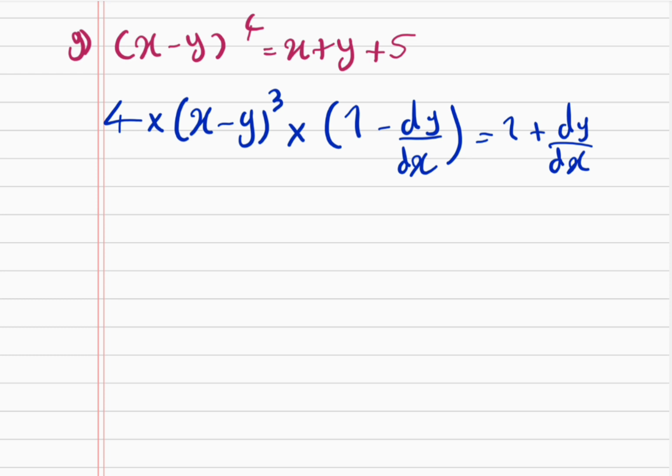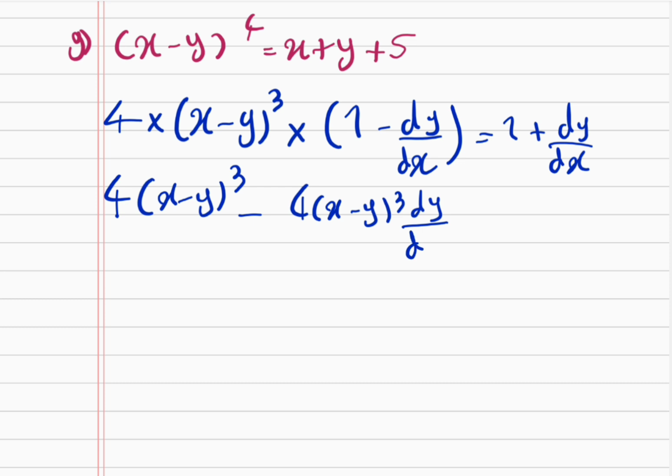What we can do here is expand the bracket on the left hand side, because at some point we need to take a factor of dy/dx. So we can do 4 times (x minus y) cubed, times 1, and then again this term times dy/dx, so 4 times (x minus y) cubed dy/dx is equal to 1 plus dy/dx.